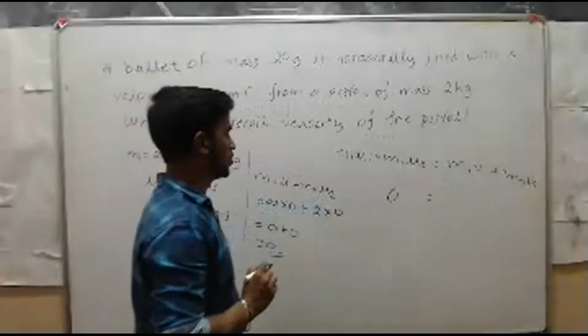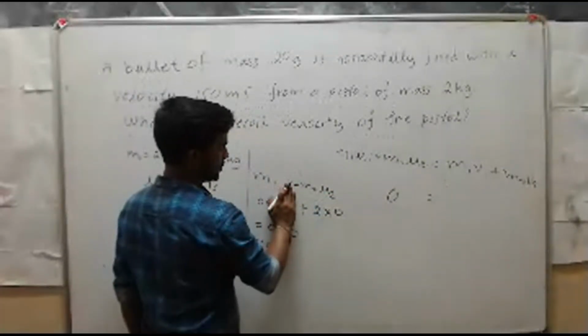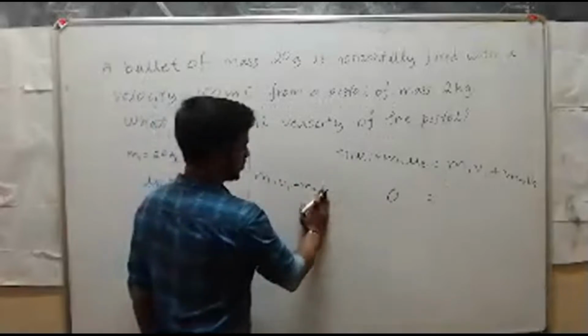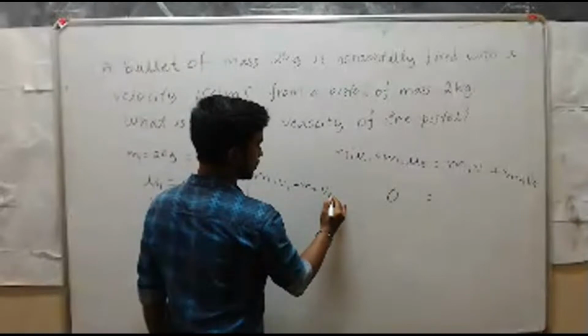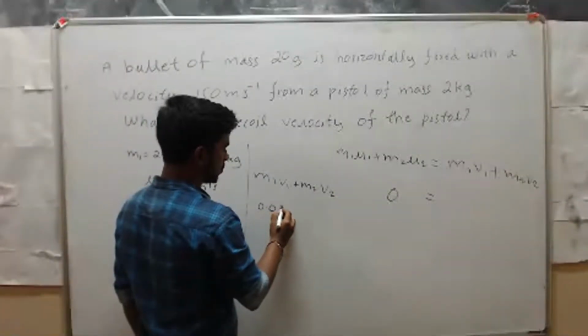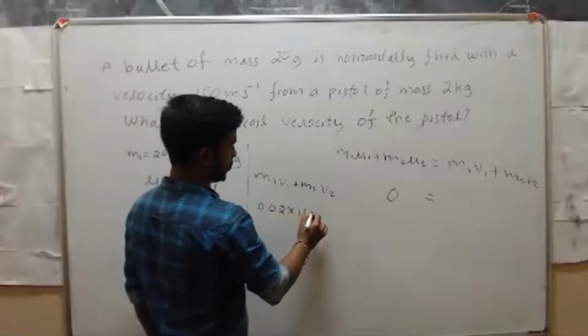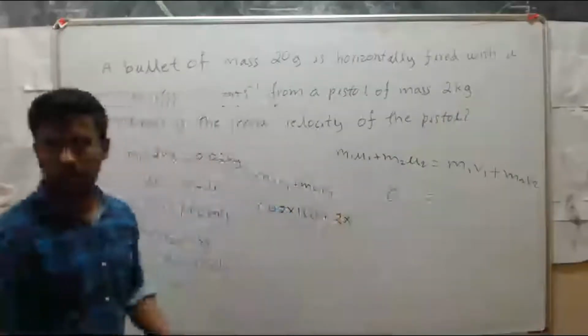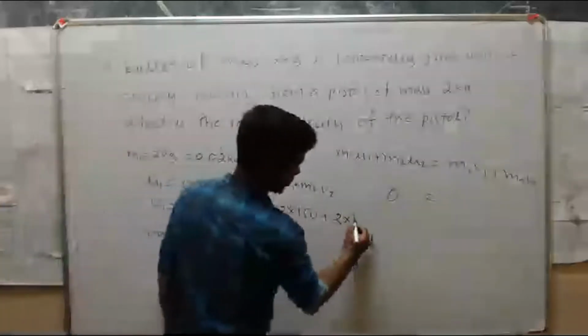Next calculate the final momentum, that is m1 v1 plus m2 v2. M1 is 0.02 into 150 plus m2 is 2. We don't know v2, our work is to calculate v2.